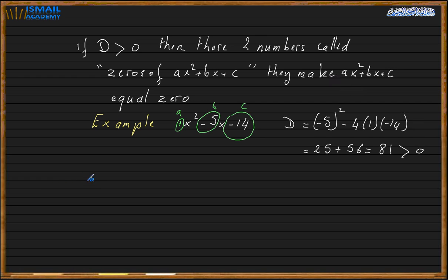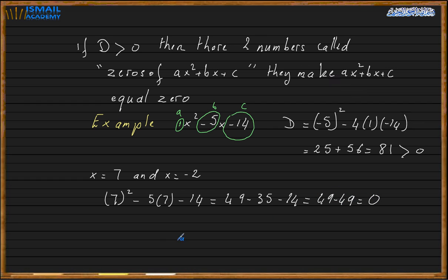If we choose x equals 7 and x equals minus 2, and substitute those numbers into the quadratic expression, it becomes equal to 0. So 7 squared minus 5 times 7 minus 14 is 49 minus 35 minus 14, so 49 minus 49.